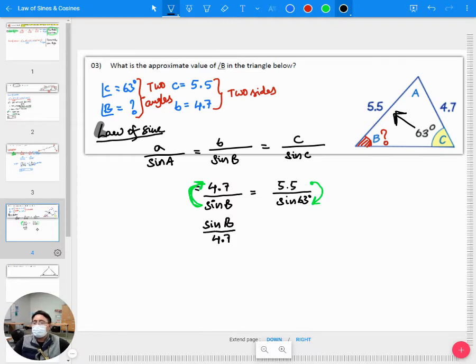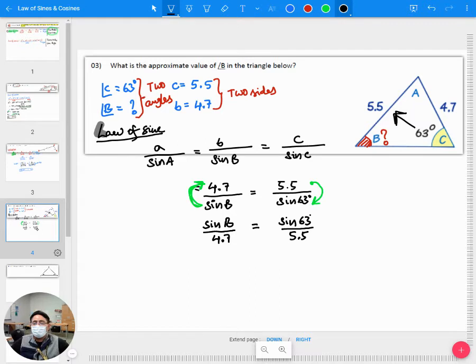That makes our calculation easy because if there is some value in the denominator and you are asked to find the value of that, it is slightly hard to calculate. At the same time, you have to take the reciprocal on the other side. So sine 63 goes to the numerator and 5.5 comes to the denominator.